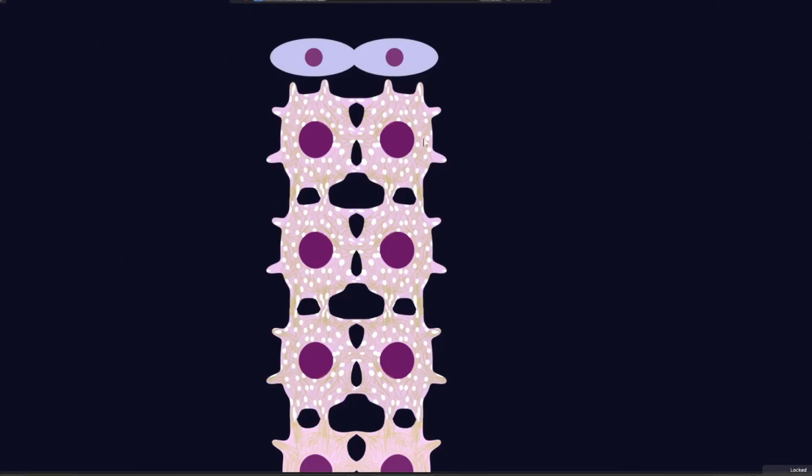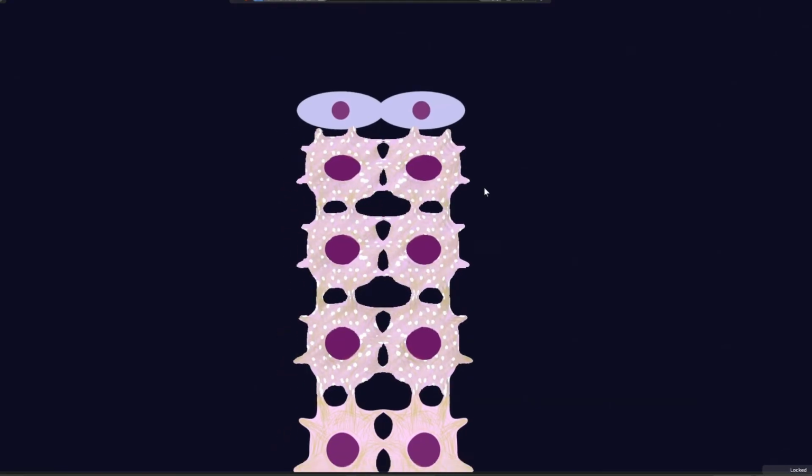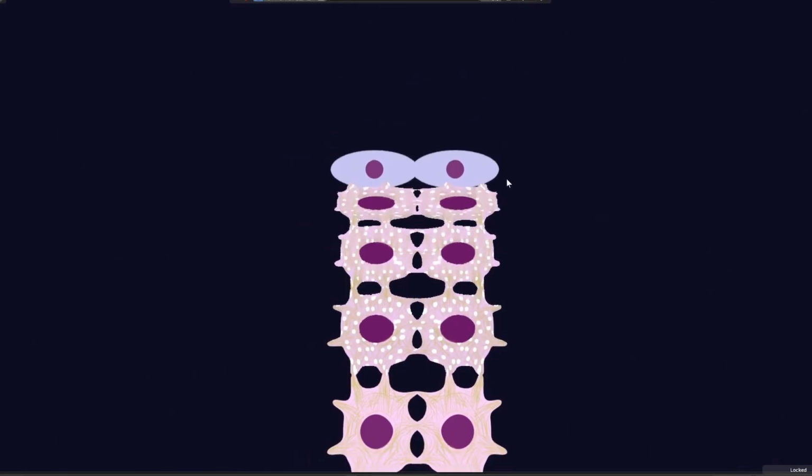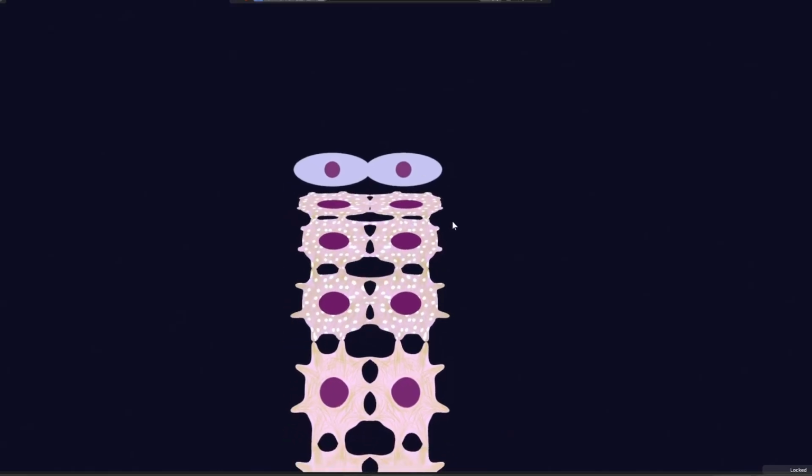So filaggrin proteins cause compaction of these proteins, and as it happens, the cells also shrink and become more squamous shaped.